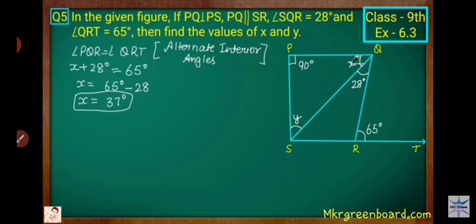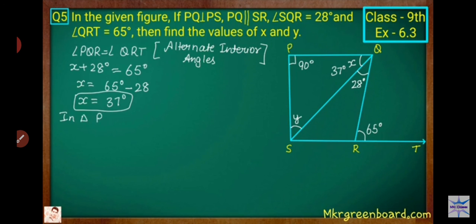If you got the value of X, then you can easily find the value of Y also, because this is a triangle, and in triangle PQS you can easily find the value of Y. Understand?